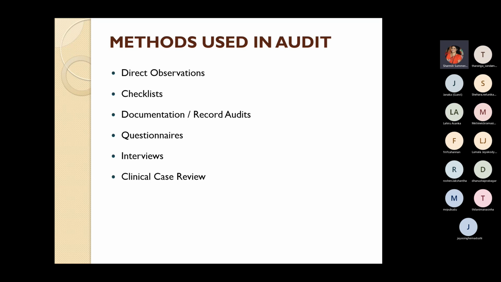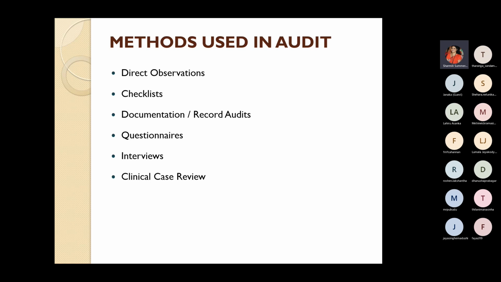At the end they calculate the total, and they can come to a conclusion on whether the marks gained are good, bad or fair, or whether they need to improve, and what the problems are. That is what we call a checklist. It is another way we can use in an audit.